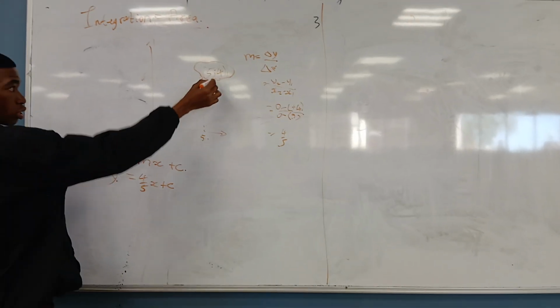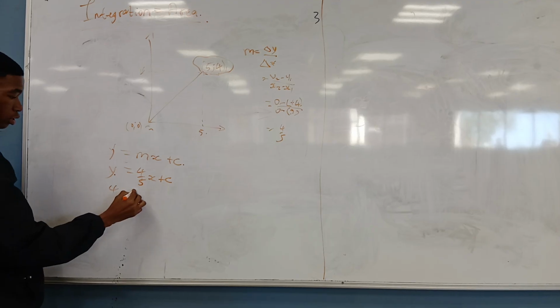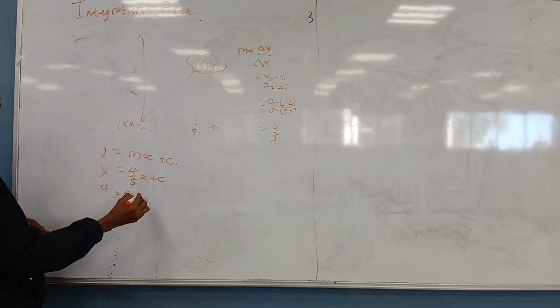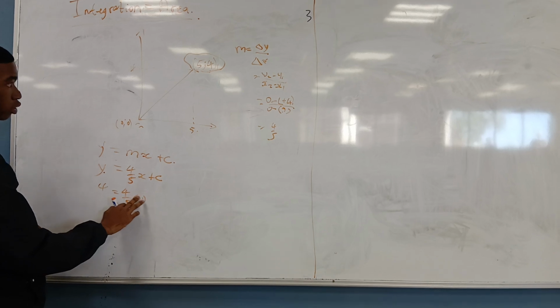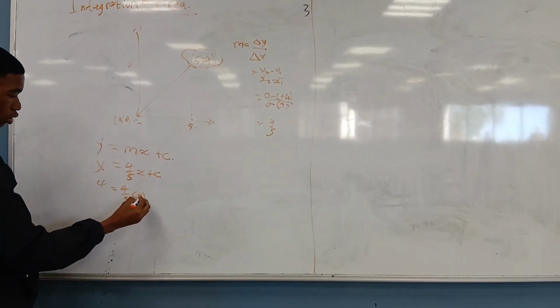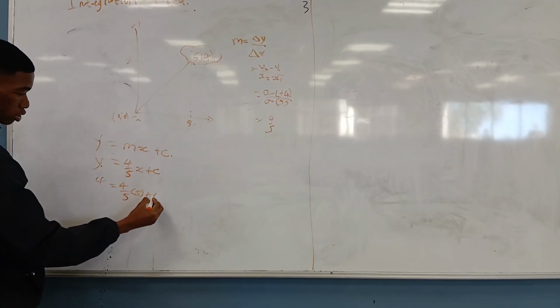So you're going to use the coordinates of the first point. Y is 4, and then our x is 5. We're substituting where there's x with the x coordinate. Now plus c.